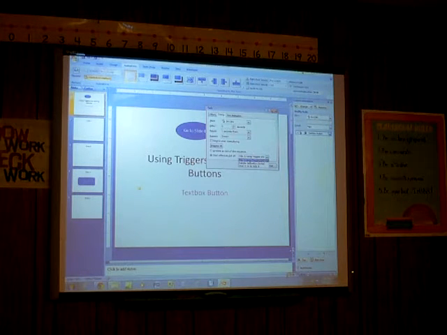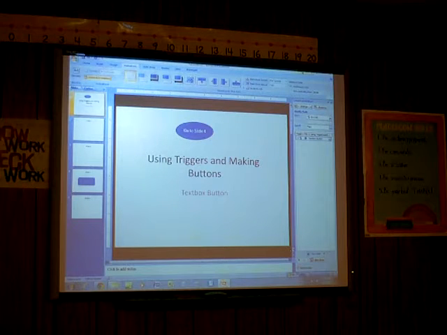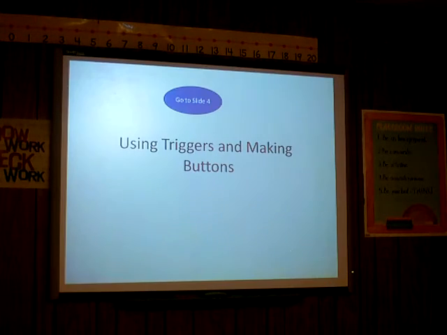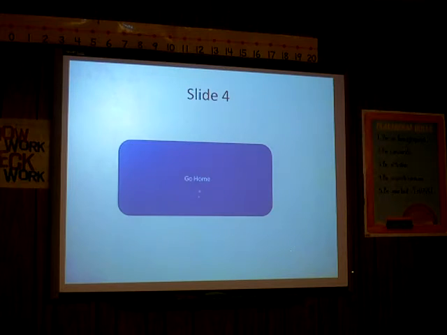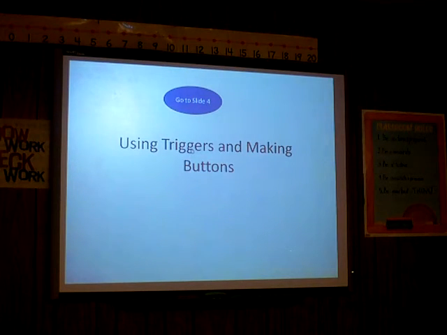So I'm going to make it so that when I click on the title, it'll make the subtitle appear. I hit OK and start my presentation. You'll notice that still works, but now if I click on this, it makes that appear.